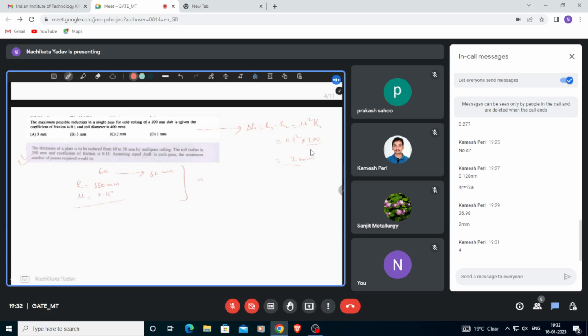If we assume equal draft, then we have to calculate the minimum number of passes.